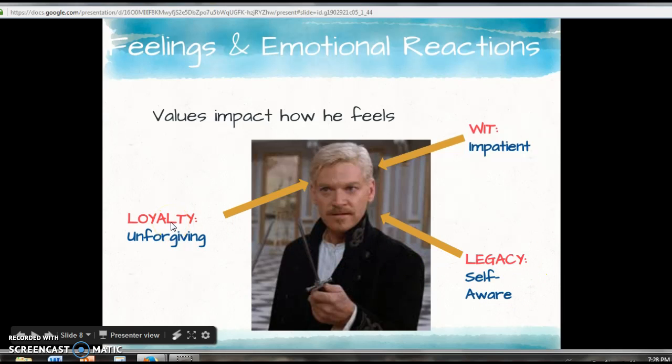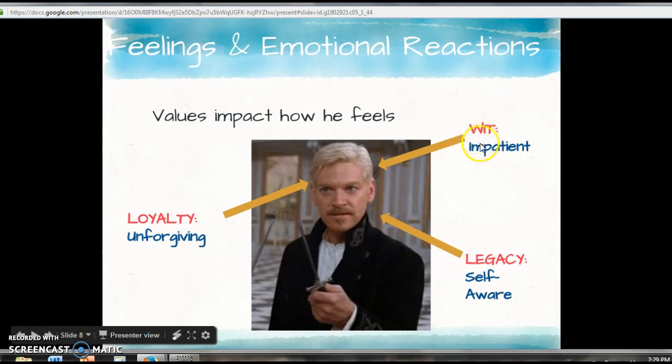We know Hamlet values loyalty because this is his main complaint about his mom, for example, that she is not loyal. So his value of loyalty causes him to be rather unforgiving to his mother. Even after his mother is absolved from all blame by the ghost, Hamlet can't forgive her because he just can't get over this betrayal of loyalty to his father.